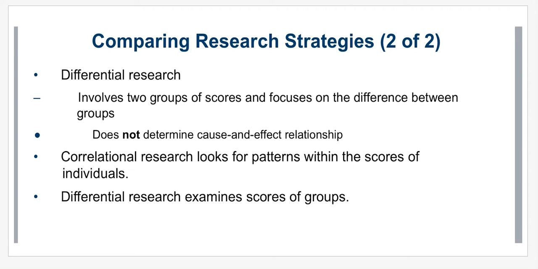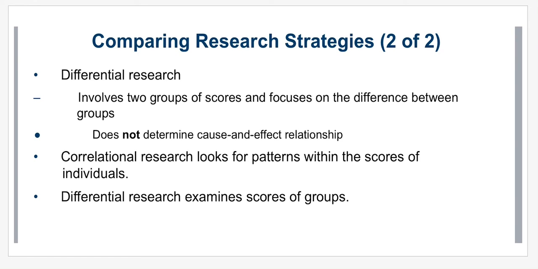We're comparing groups again. We're separating them into groups. So we cannot do cause and effect relationship with either differential or correlational. That's something where they're similar. That's a part where they look very similar. There's no manipulation. So that is why we cannot do cause and effect, and also why they seem very similar.